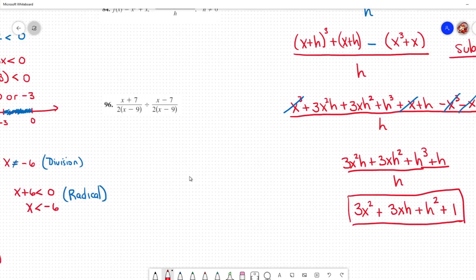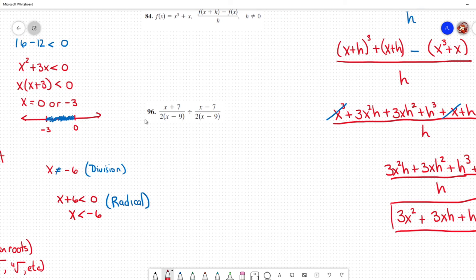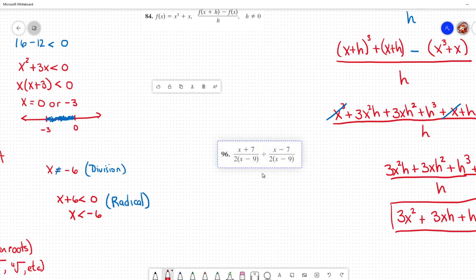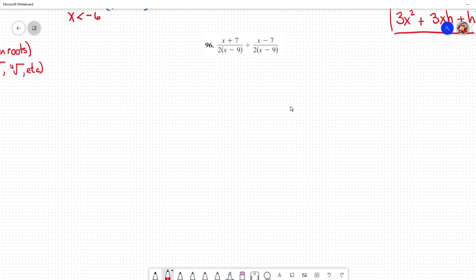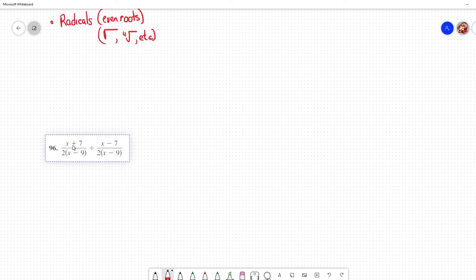Alright, so our last question is number 96. We had to simplify, or sorry, we had to carry out that operation. Actually, I'm going to move this, clear space.